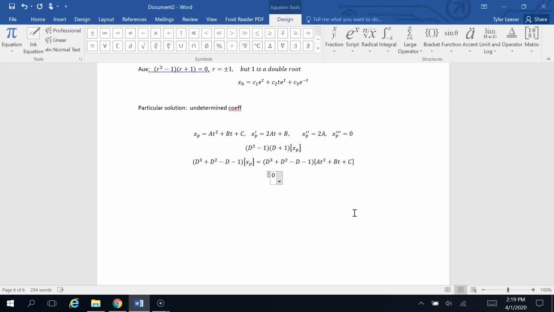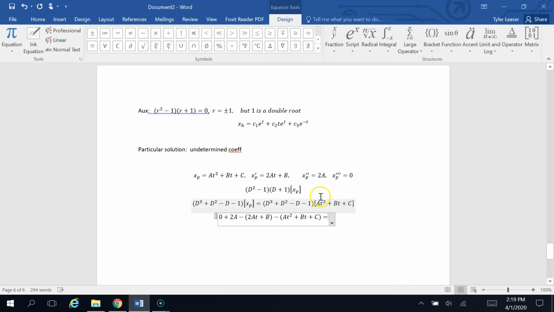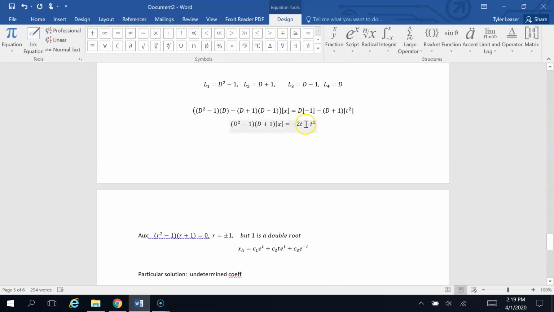The third derivative is just 0 plus, now we're going to do the second derivative on that thing, which is 2a, minus, we're going to do the first derivative, 2at plus b, minus just the function itself, the at squared plus bt plus c. And this is all going to be equal to the right-hand side of this differential equation from up here, negative 2t minus t squared.